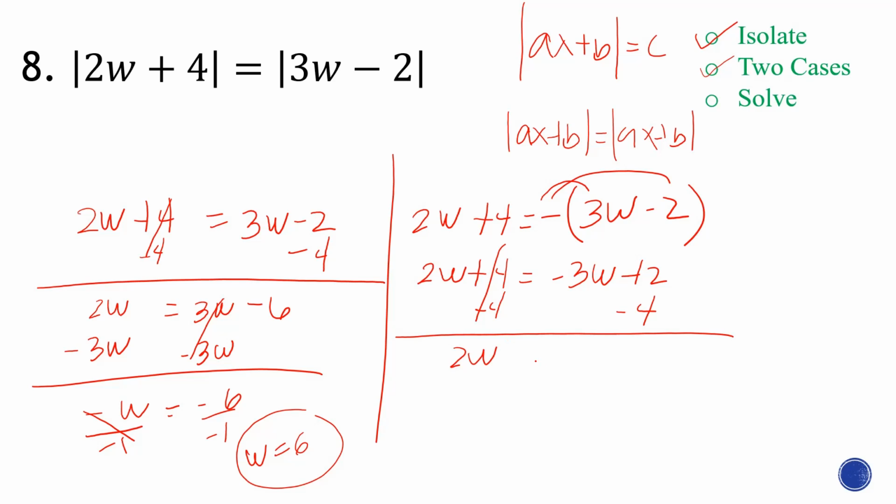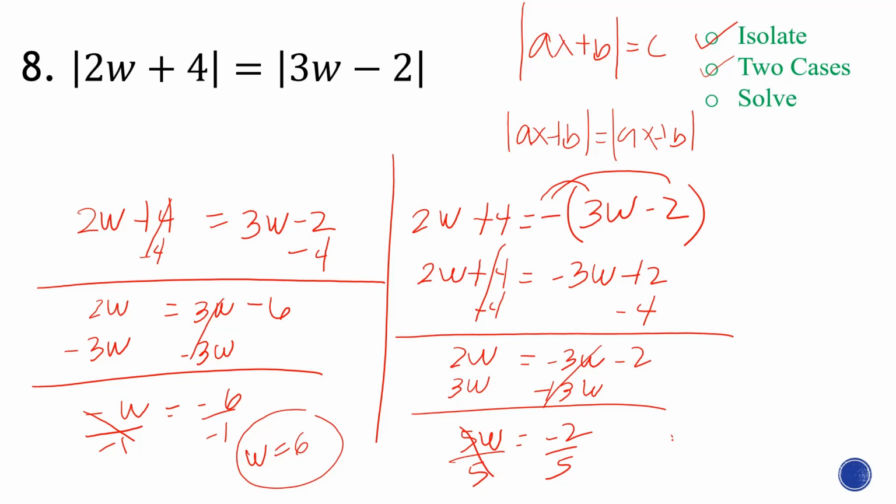So we have 2w equals negative 3w minus 2 because they have different signs. Then second to the last step, plus 3w on both sides, cross that out. This will be 5w equals negative 2. And then finally, divide by 5 on both sides, therefore w equals negative 2 over 5.